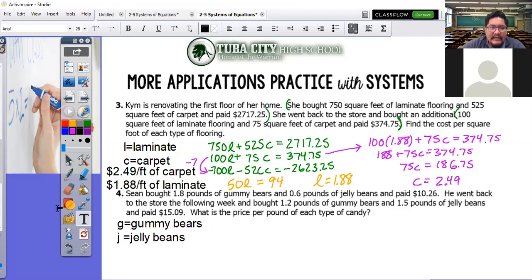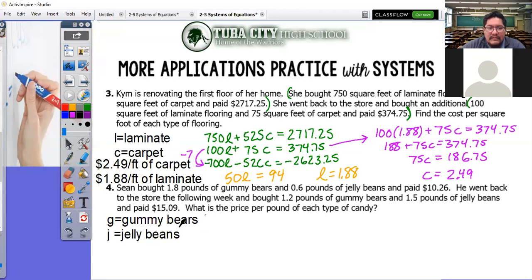Okay, so let's see if we can get an equation going. We're going to break it down by the week, because he says here he went there once and then he went back the following week. So that's a clue that we're looking at 2 separate weeks. On the first week, 1.8 pounds of gummy bears and 0.6 pounds of jelly beans were $10.26.